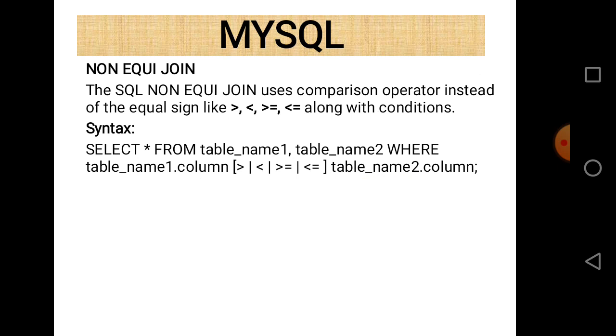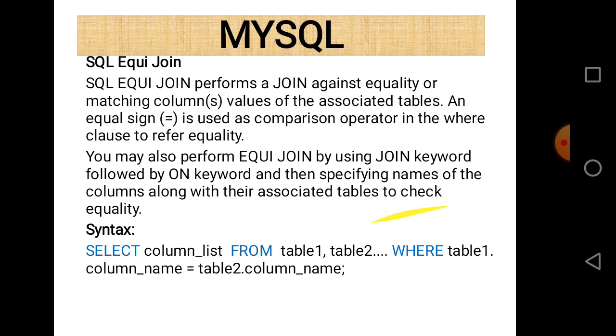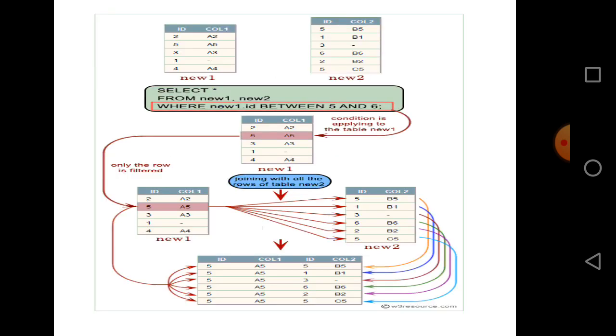So in equi join only the equal operator is used as the comparison operator, and in non-equi join other comparison operators, less than, greater than, less than or equal to, greater than or equal to, are used. The rest of the things are the same when we compare equi join with non-equi join. So this is a diagrammatic representation of non-equi join.